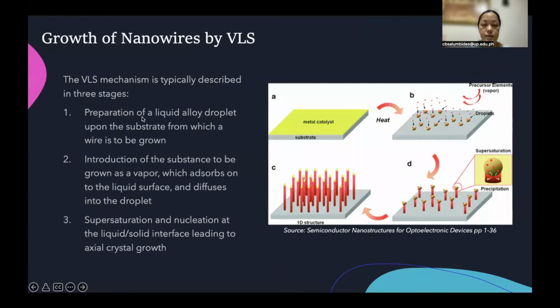As described in these stages, growth happens by the adsorption of a gas phase onto a surface, but this adsorption process is very slow. That's why there is a metal catalyst, which is the liquid alloy, to make the adsorption very fast up to saturation levels.